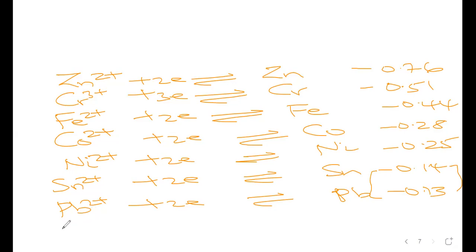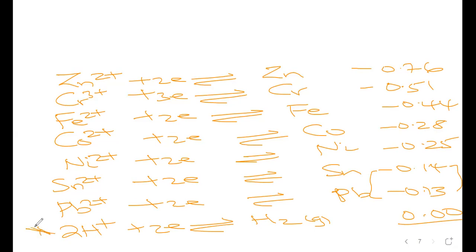After lead, then hydrogen, 0.00. Normally we write electrode potentials to 2 decimal places. So since hydrogen has 0.00 standard electrode potential, we shall be using it as a reference electrode, such that we measure other electrode potentials with respect to it.